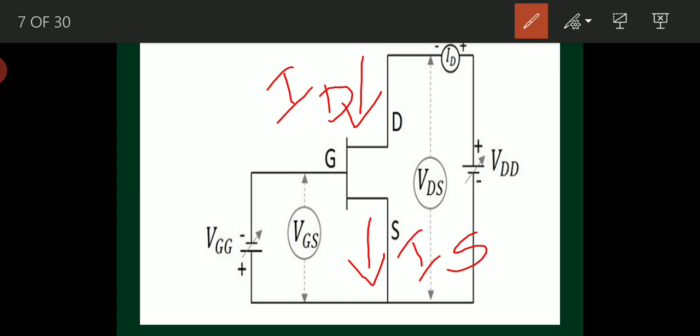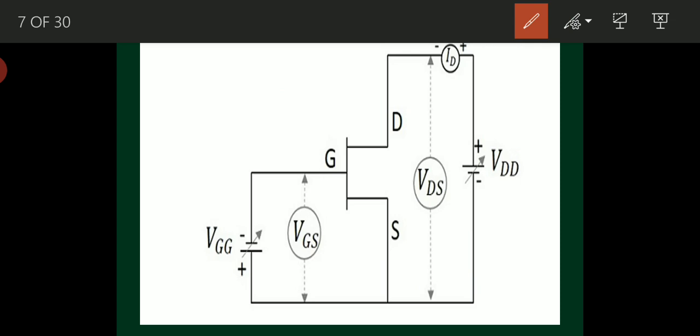So let us move on to characteristics. Let us take the schematic again to get a good idea about the characteristics of the N-channel JFET, right?